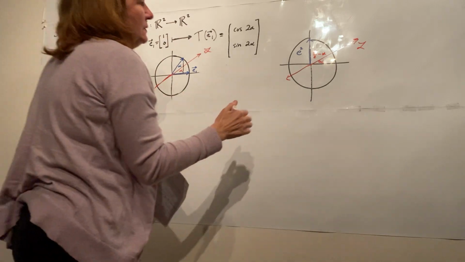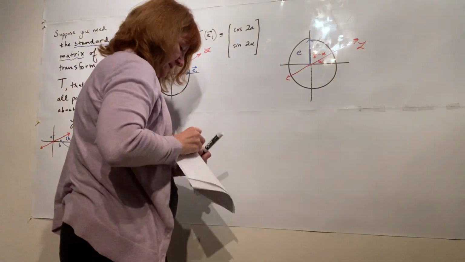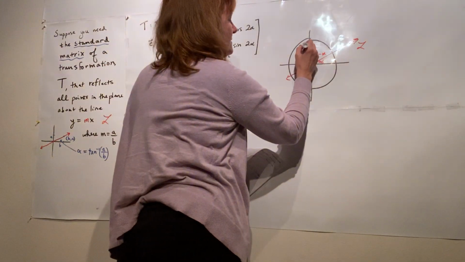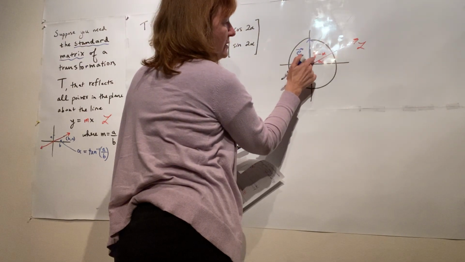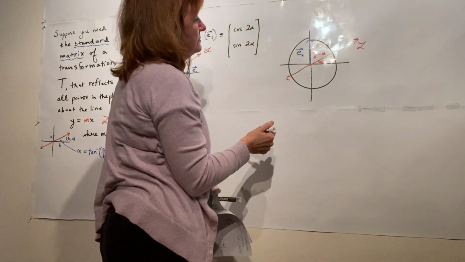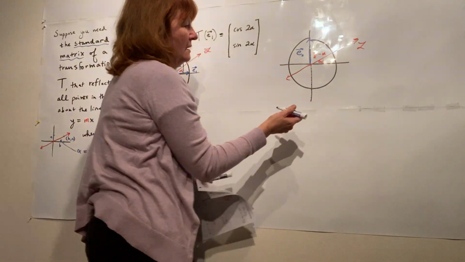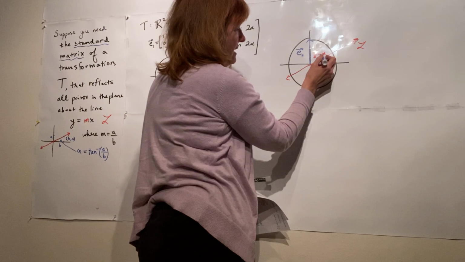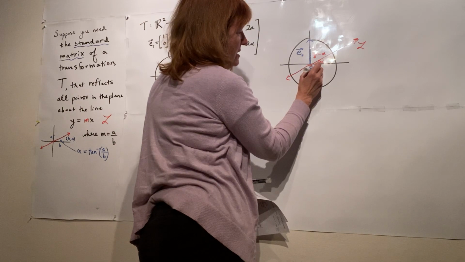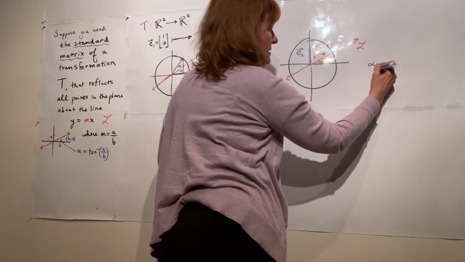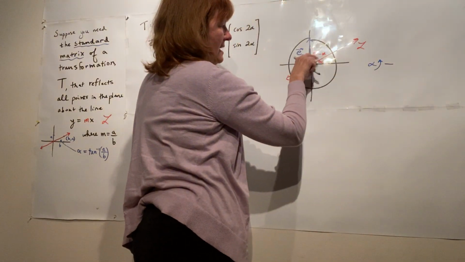If we're going to reflect E2, the vector, about this line, it has to go through that angle pi over 2 minus alpha. What's that new angle going to be? That angle has to be pi over 2 minus alpha more in this direction. Notice that's the same thing as going alpha in the positive direction and then minus that pi over 2 minus alpha.